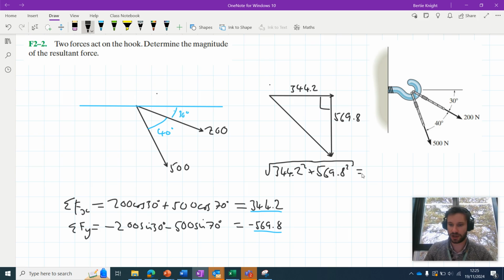And we bung that in our calculator, we find that that is equal to 665.7. Okay, which we can round to 666 newtons. And there's our answer. It's not asking for the direction. All it's saying is determine the magnitude of the resultant force.